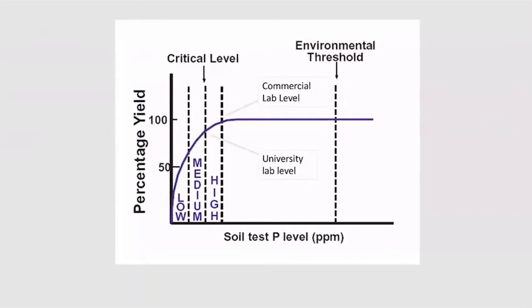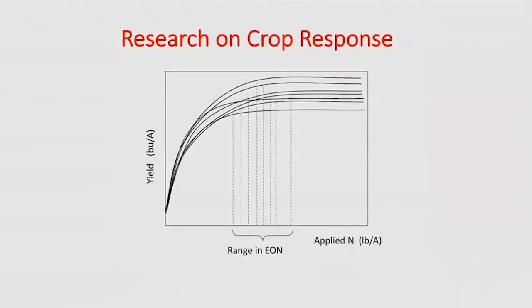Now, it'd be nice if all of the curves were as clean and simple as the one you see here. But what we end up with most of the time, given a different year that we're growing the crop and testing its performance, is differences in weather, differences in pest pressures, differences in soils and conditions.